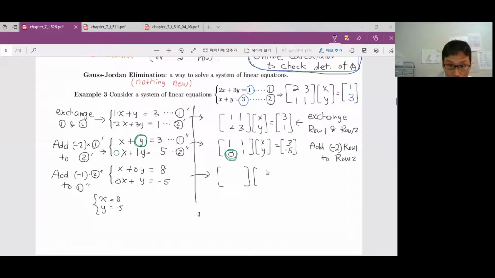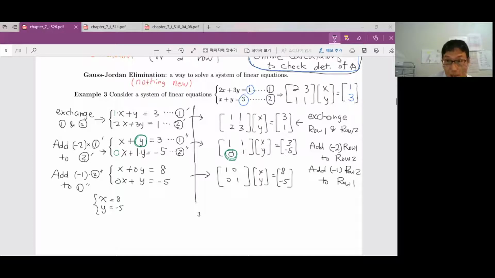And then one more. Similarly, you can take coefficients to find the 2 by 2 matrix: 1, 0, 0, 1, and then 8, -5. Good. So what we did is add -1 times row 2 to row 1. Not surprising.